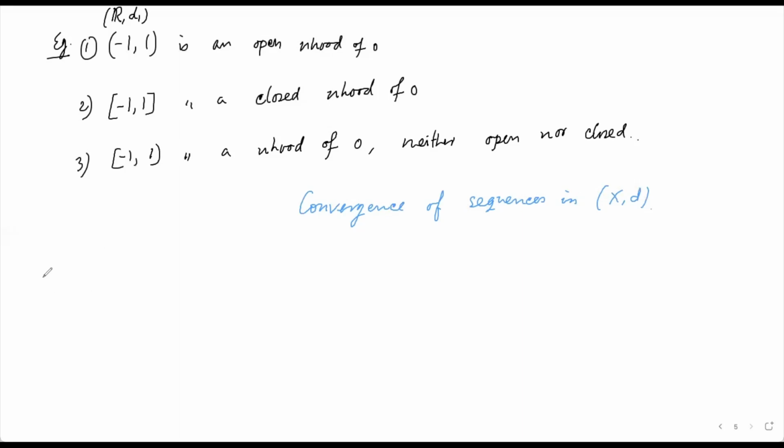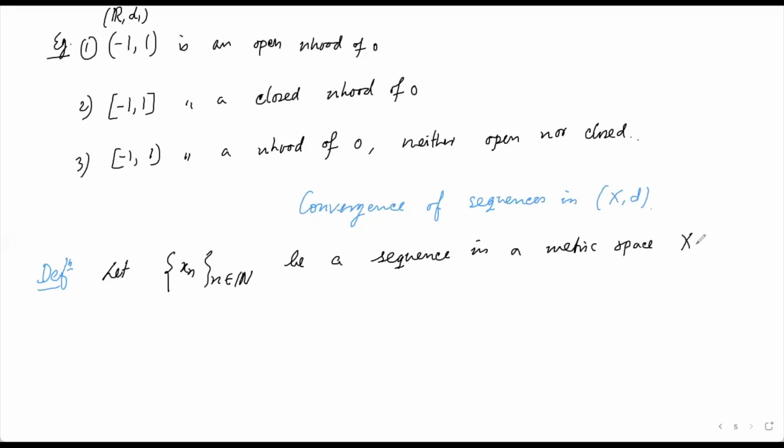So here is the definition. Let (x_n), where n belongs to the set of all natural numbers, be a sequence in a metric space (X, d).